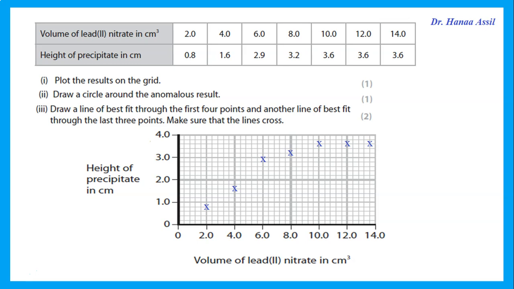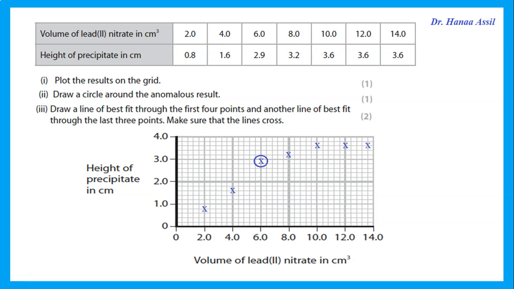Okay? Draw a circle around the anomalous result. What do we mean by an anomalous result? It is a result that is away from the rest. So this one, for example, is away from the others. The others are coming up in a straight line, and this is away from the line. When we have an anomalous result, we do not include it in the graph.